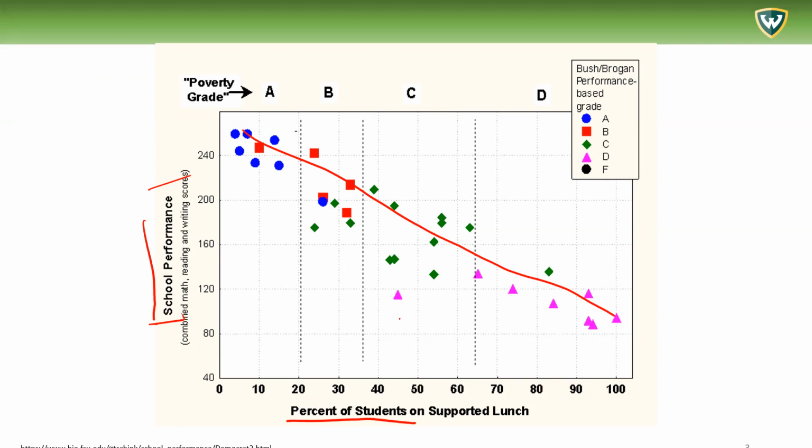And the idea here is that we can fit a line between these points to see the linear trend of the data. And this is a negative linear trend that we're observing here. The higher the percent of students on supported lunch, in other words, the higher the poverty of students, for lack of a better term, in the schools, the lower the performance.